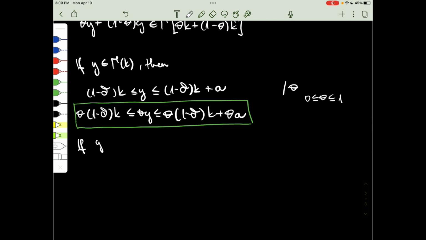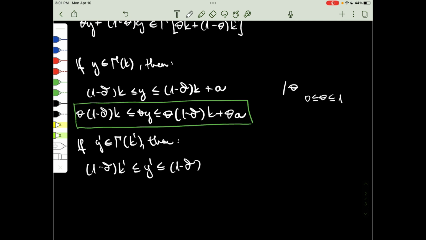And if y prime is a feasible choice at k prime, then it follows what I'm doing now is no more than putting formally that y prime is a feasible choice at k prime.